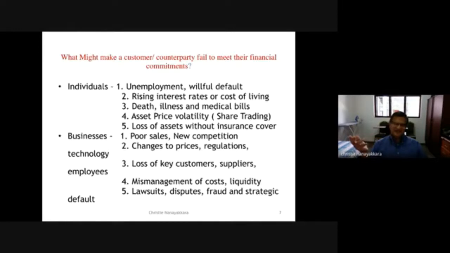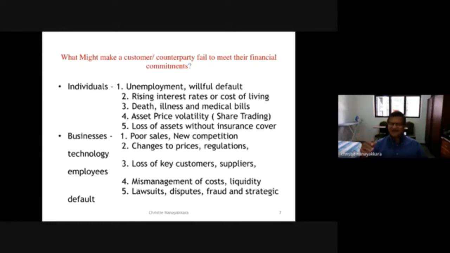On the business side, customers can't sell their products and their sales come down. When sales come down, profitability comes down. As a result, they are unable to pay. Sales could come down due to competition, change of prices or regulations. Take motor vehicle dealers: a new regulation, the government has banned imports of new motor vehicles.